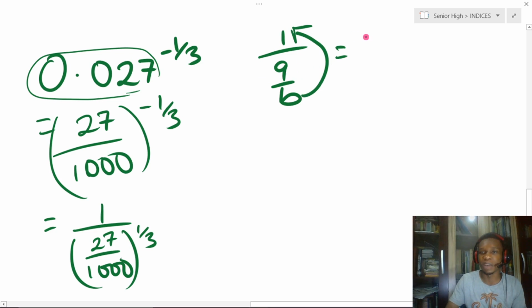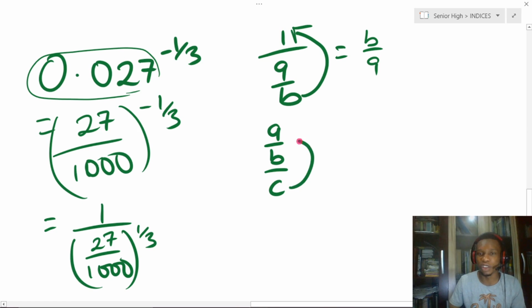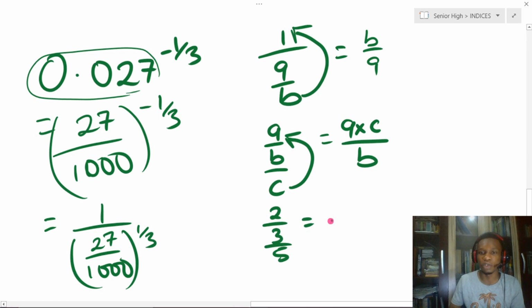Your b flips up and it becomes b over a. Also, let's say we have a over b over c. Your c flips up here and it becomes a times c over b. Is that okay? Let's give a quick example. If we have 2 over 3 over 5, it becomes 2 times 5 over 3, and that's 10 over 3. Is that okay? I believe that's correct.